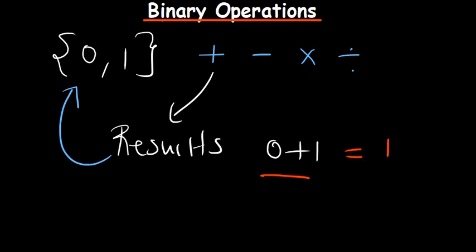Of course, you can't add a number with itself, since it's a binary operation on two different numbers. So every addition you perform within that set gives you a 1. So the result is within the set, and that implies addition is a binary operation on that set.